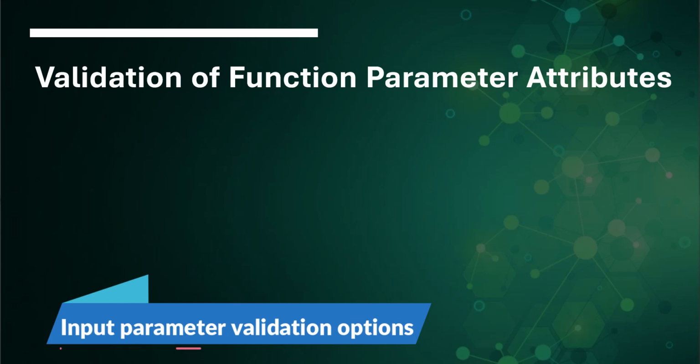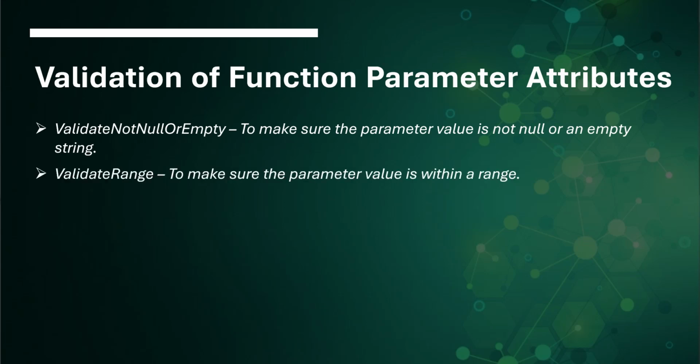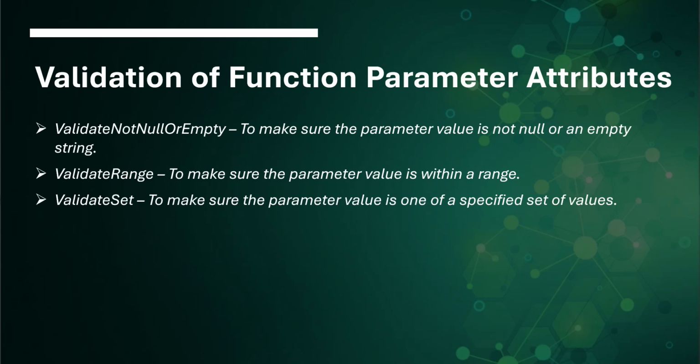Let's take a look at some of the more validation parameter attributes that you can supply. The first is validate not null or empty. This is to make sure that the parameter value is not null or empty. Validate range, which we just saw as an example, makes sure that the parameter value is within a valid range. Validate set is more for a string parameter, to make sure that it is one of the specified set of values.